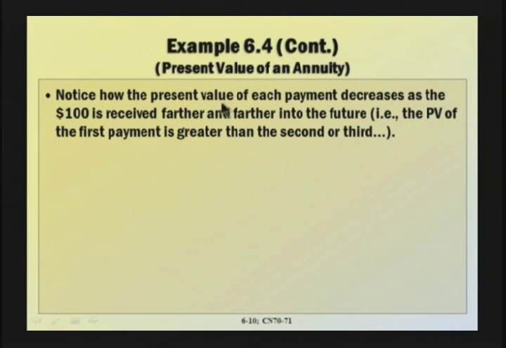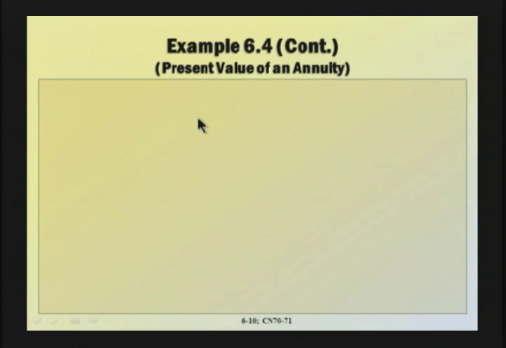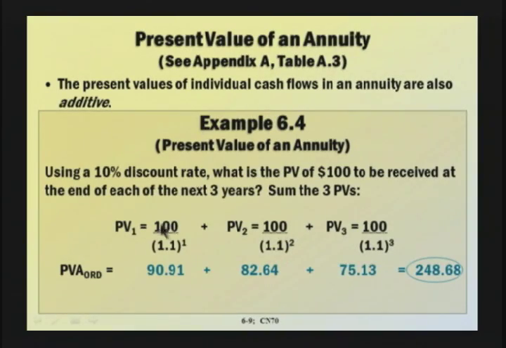Notice, if you look at those cash flows, how the present value of each of them individually becomes smaller and smaller the farther into the future those payments are to be received. So each one of the payments is $100. The first one comes 1 year from now. It by itself is worth $90.91. The second payment comes 2 years into the future.